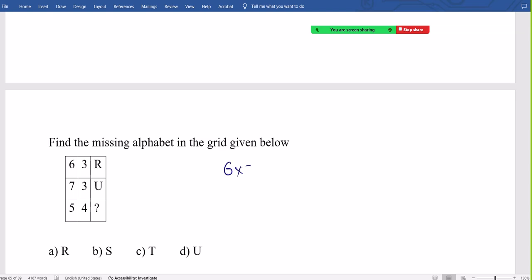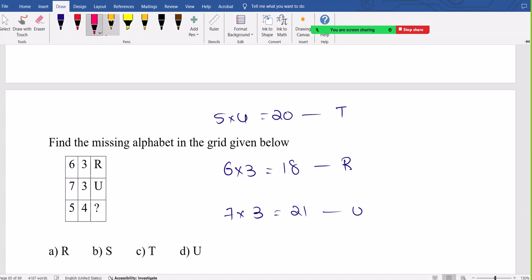Yes. 6 multiplied by 3 is 18, sir. 18 is R letter. 7 multiplied by 3 is 21, sir. 21 is U letter. 5 multiplied by 4 is 20. 20 is nothing but T letter. Option C is correct.